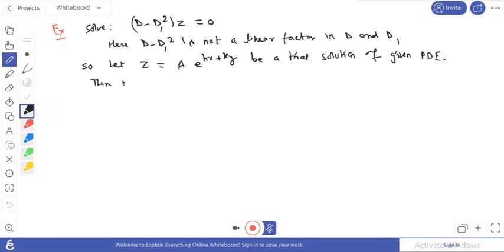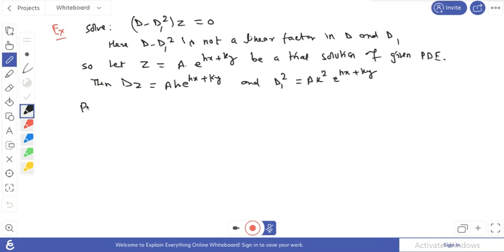What is dz? Dz equals a h e to the power hx plus ky, and what is the value of d1 squared? Means we differentiate this partially with respect to y 2 times. This equals to a k square e to the power hx plus ky.